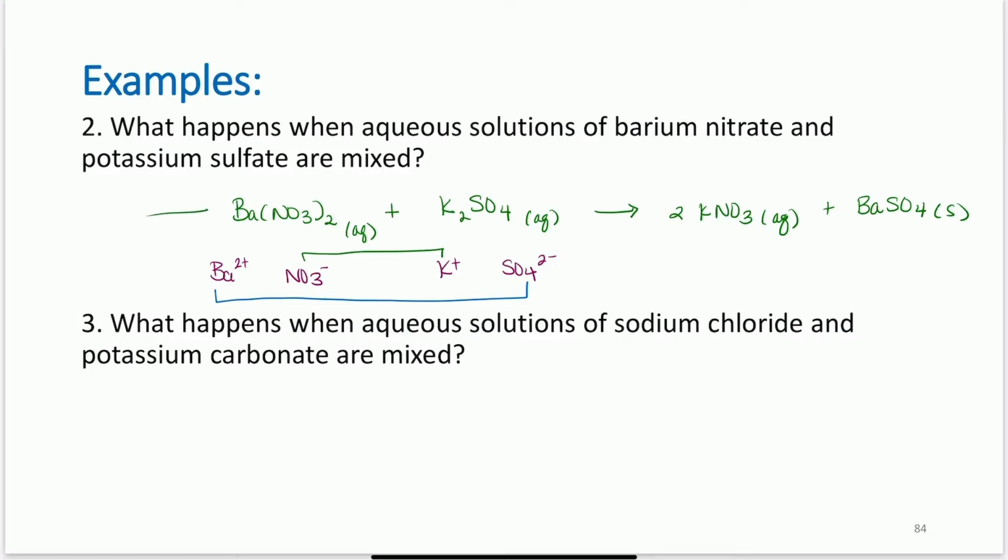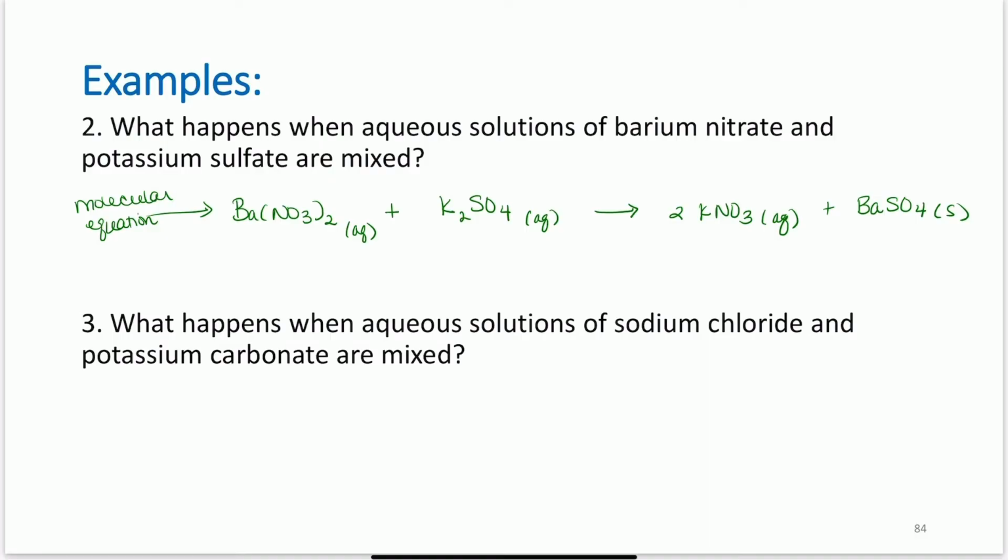So this is called my molecular equation. If I wanted to write out my net ionic, I know I'm forming barium sulfate.